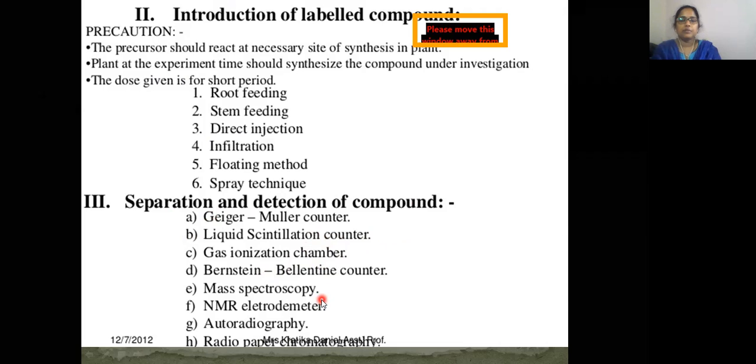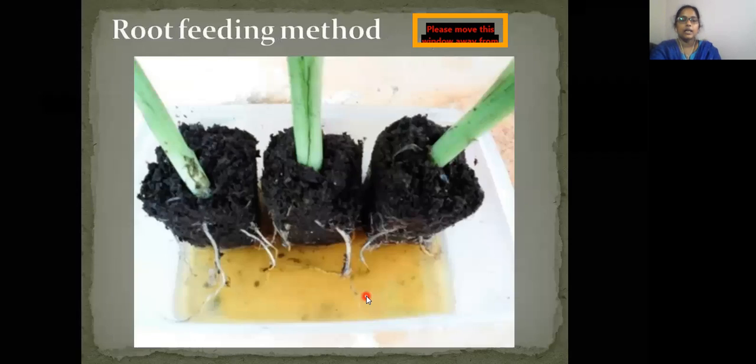All these are used for the identification or detection of radioisotopes. And now we have mass spectroscopy and NMR, which can be used for stable isotopes. We have both radioisotopes and stable isotopes. The Geiger-Müller counter, liquid scintillation counter, gas ionization chamber, and autoradiography can be used for the detection of radioisotopes, whereas mass spectroscopy and NMR can be used for the identification of stable isotopes.